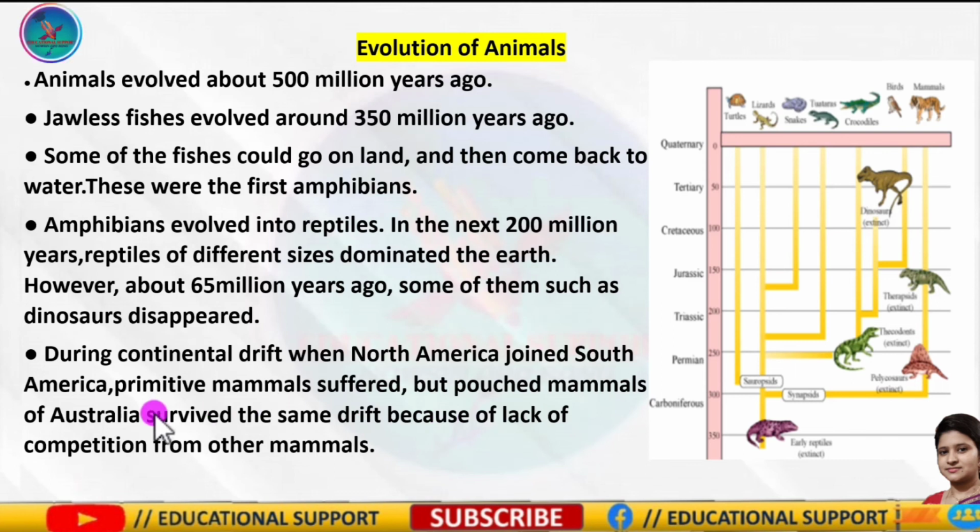But the pouched mammals of Australia survived the same drift because of the lack of competition from other mammals, while the primitive mammals in North America did not survive.